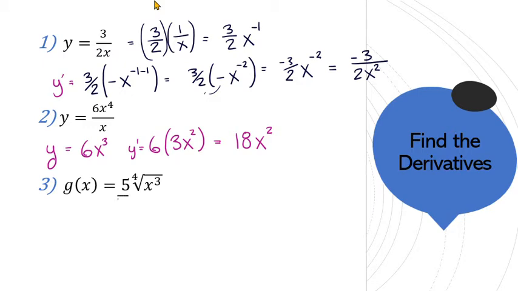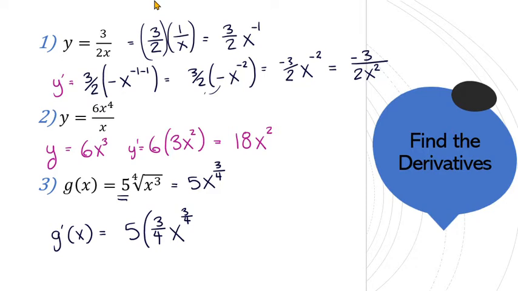For our last one, we've got a constant, and we've got a radical, which we're going to rewrite. So first things first, that 5 is going to be multiplied by x to the power of 3 over 4. So if I'm trying to find the derivative, g prime of x, my constant stays. My 3/4 comes to the front. Let's see if I do it correctly this time. And we're going to have n minus 1.